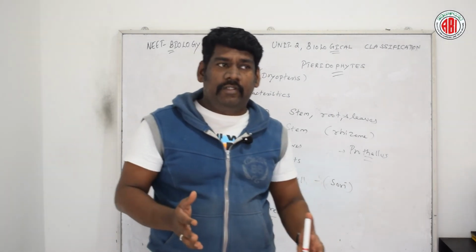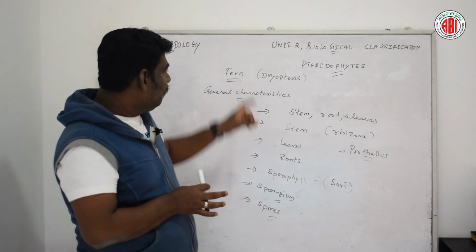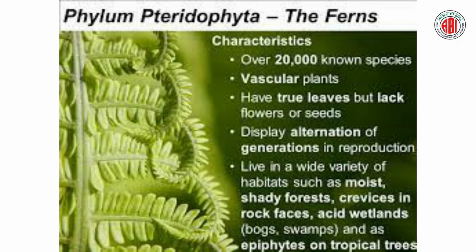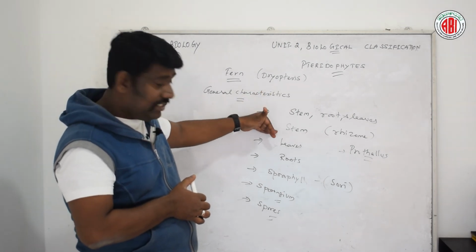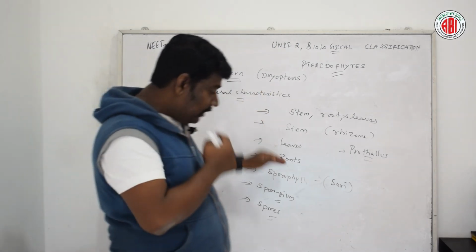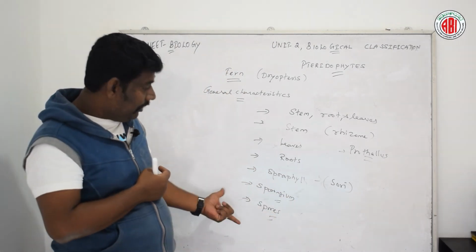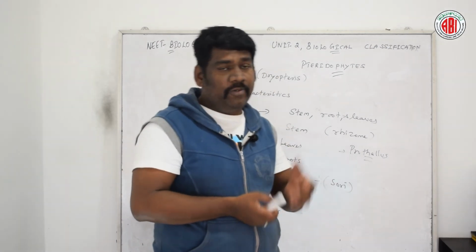So till here we have discussed in detail the general characteristic features of fern or Dryopteris: stem, structure of leaves, structure of roots, sporophyll structure, sporangium, then spores, prothallus structure, antheridia, and archegonia structure.